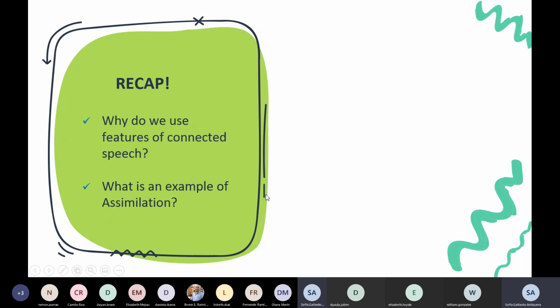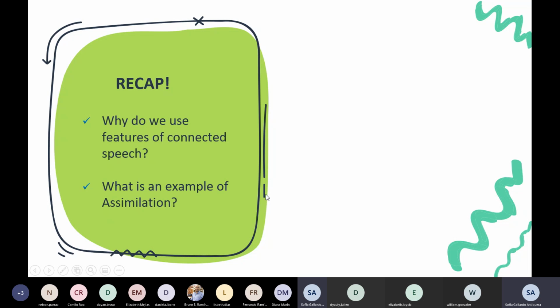And then we also use them because it's easier for us to understand when we are listening to other people while they are speaking English, right? So there are different reasons for using features of connected speech, but mostly for us, the importance is to sound more native and to understand more easily what we're listening to.